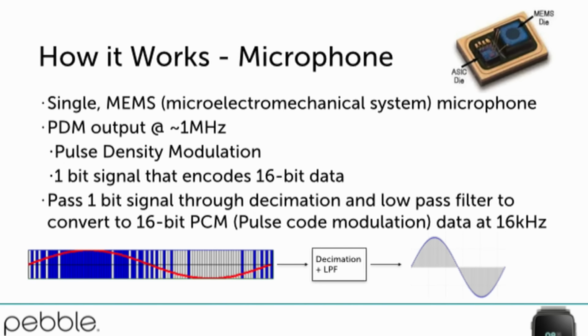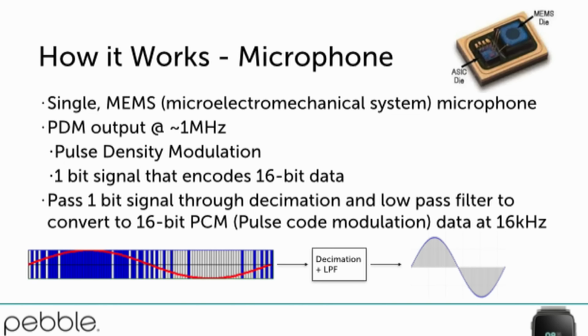The MEMS stands for micro electromechanical systems, and it's basically a very small mechanical element on a chip. Other examples of that are accelerometers, gyros, magnetometers, all very fancy tech, very cool. And that gives us an output of what's called pulse density modulation, or PDM, at 1 megahertz.